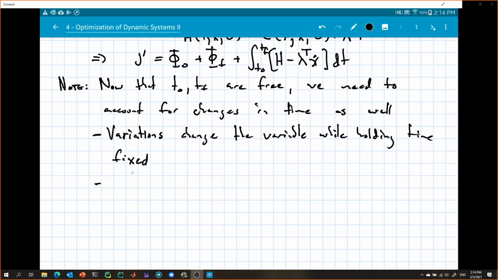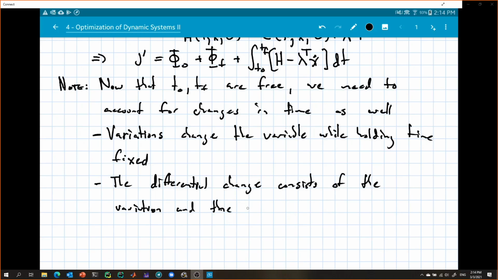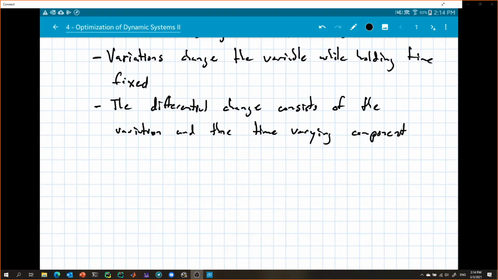On the other hand, the differential change consists of the variation and the time varying component. So this is actually easier to write an equation and then kind of draw out.